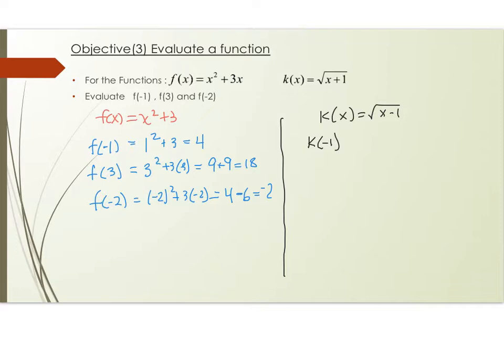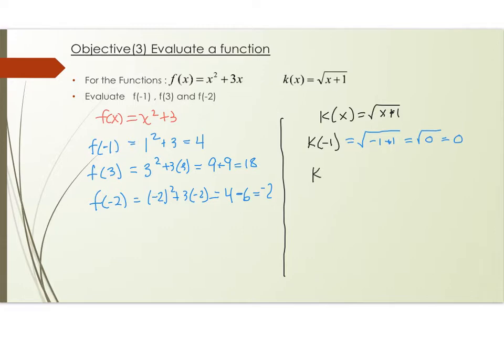So that equals the square root of -1 plus 1. Oh, I forgot, this is a plus here. So we have the square root of 0, which is just 0.